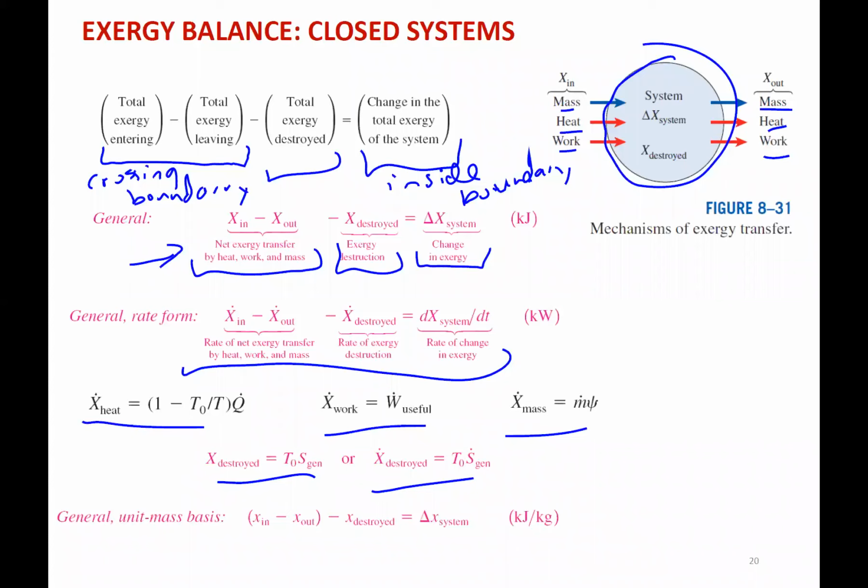With mass flow rate, work, heat, destroyed, with non-rate and rate form. We can also do a per unit mass basis, so we could just divide the general form by mass, and we get this lowercase x for exergy, or we could divide the rate form by mass flow rate, and we get, again, the per unit mass basis, just like we did sometimes in Thermal 1 with the conservation of energy.